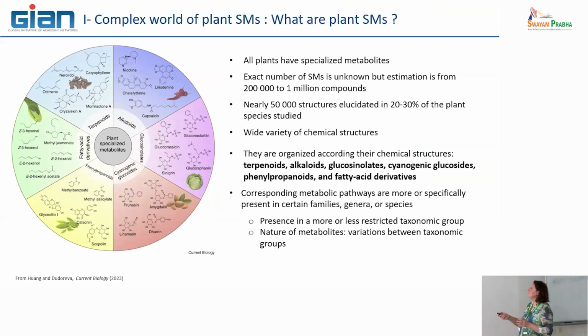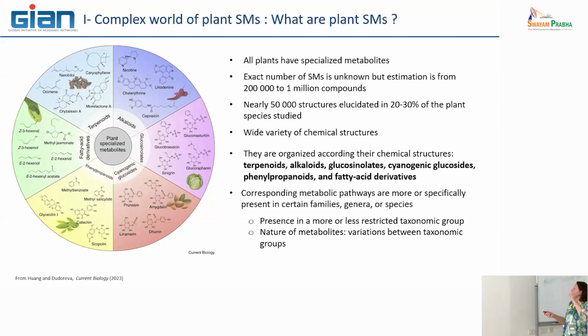Even within one group, such as alkaloids, not all the alkaloids have the same structure, so not all of them have the same biological activity. It is the same if you look at glucosinolates, terpenoids, terpenes, and phenolic compounds also.